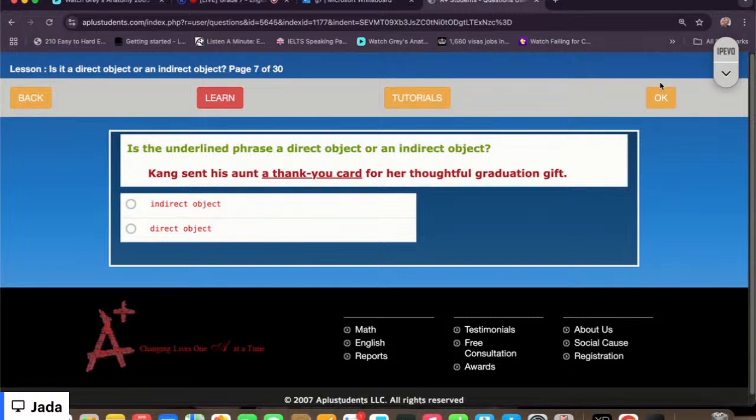Kang sent his aunt a thank you card for a thoughtful graduation gift. Indirect or direct?